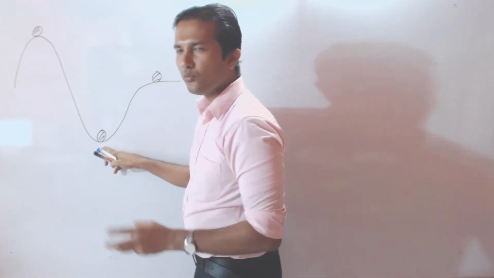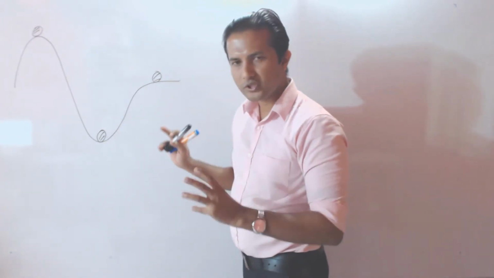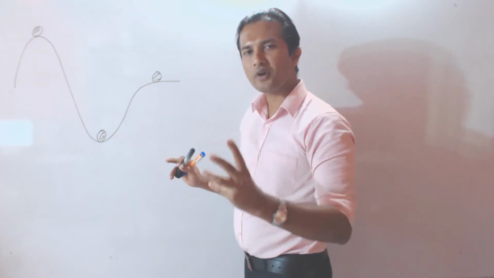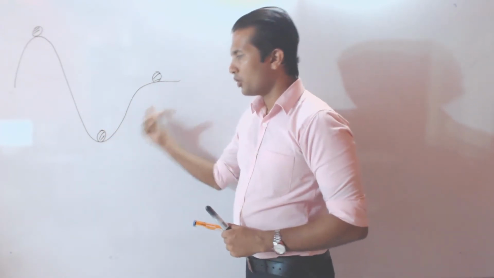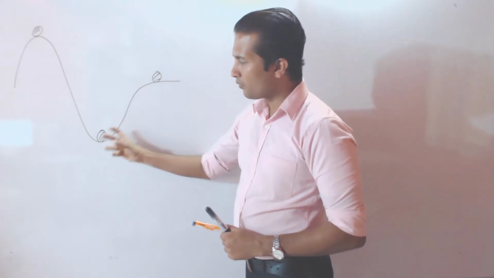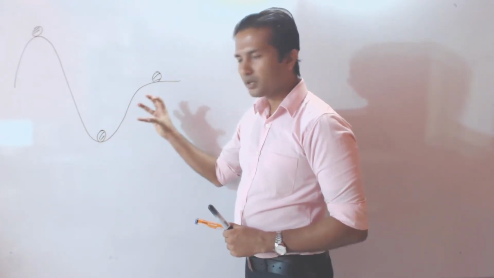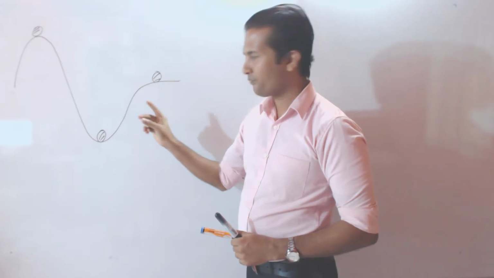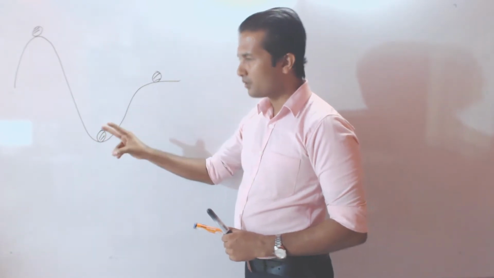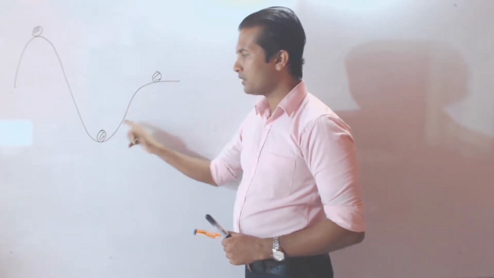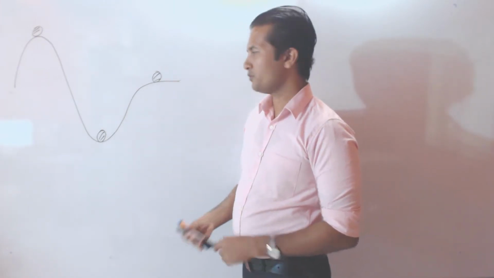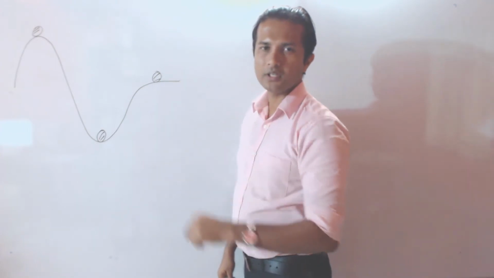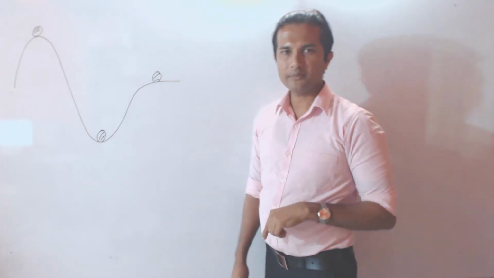Considering this, we can conclude the equilibrium of the object is stable, because when you give a particular displacement and then release, it comes back to its original position, which means the initial equilibrium is stable.